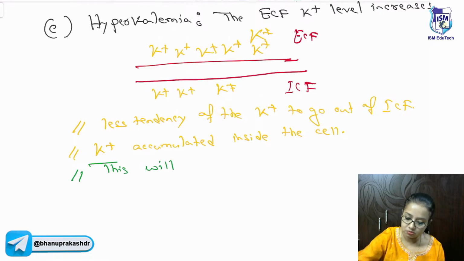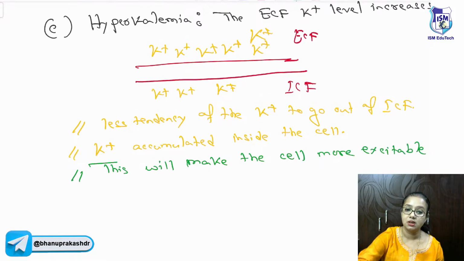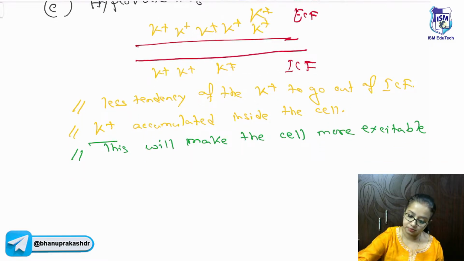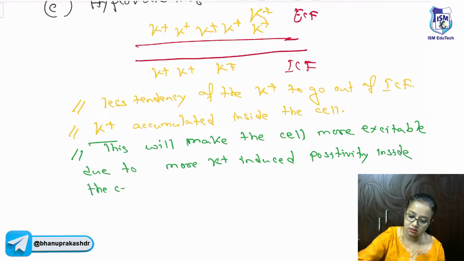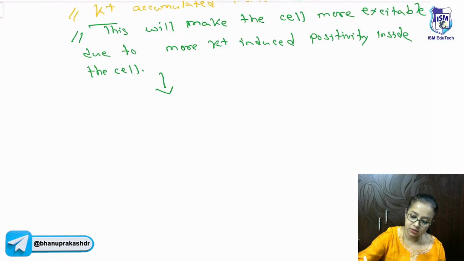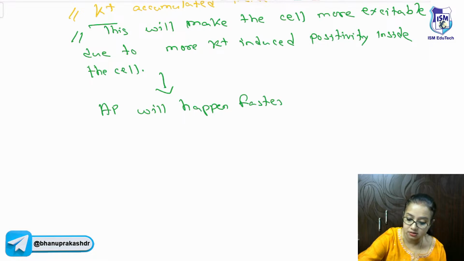This will make the cell more excitable, due to more potassium-induced positivity inside the cell, as a result of which the action potential will happen faster at a threshold stimulus.